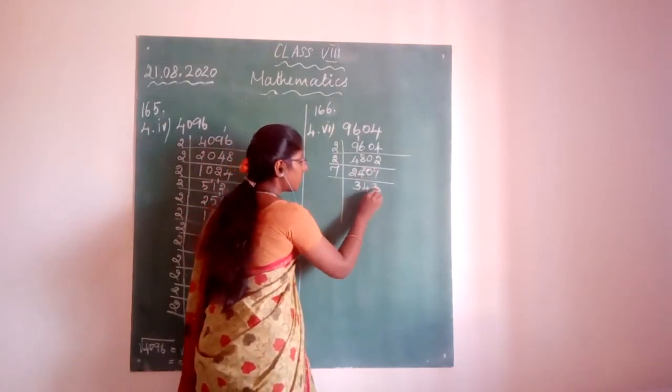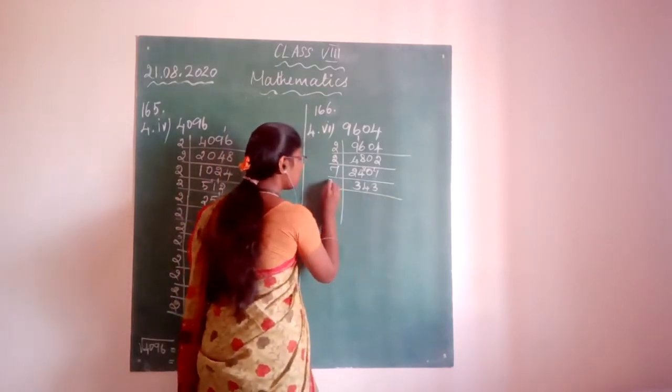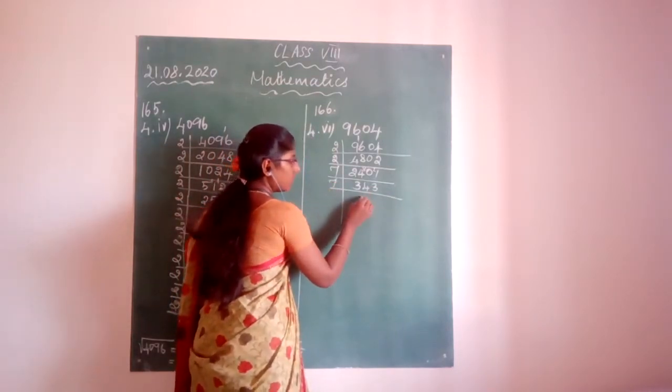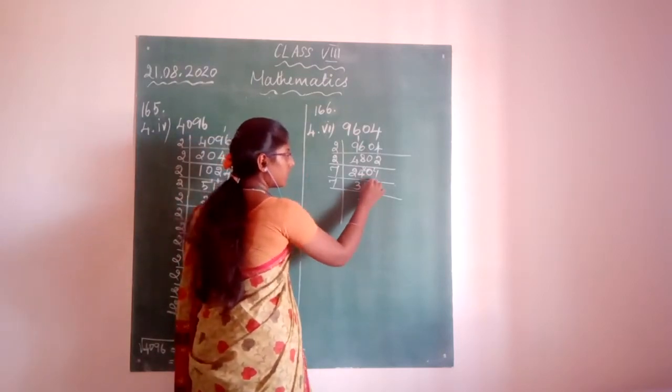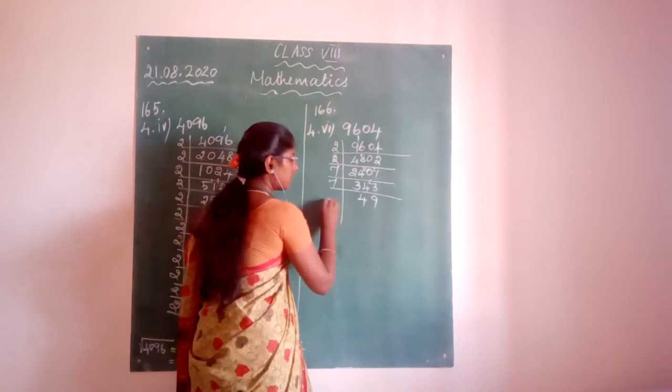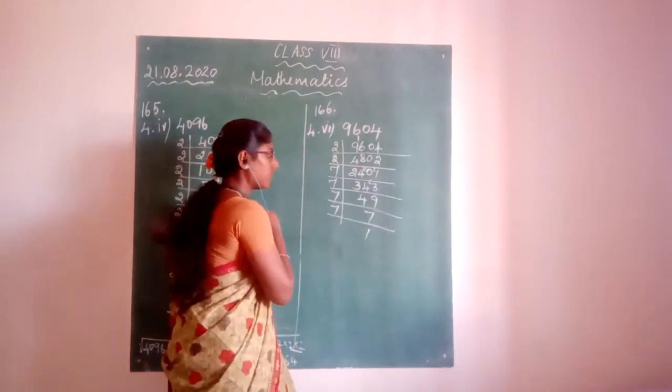So you will have 7, again 7 3s are 21. Then again go with 7 table. 7 4s are 28, so 6 is remaining. 7 9s are 63. 7 7s are 49. 7 1s are 7. Okay.